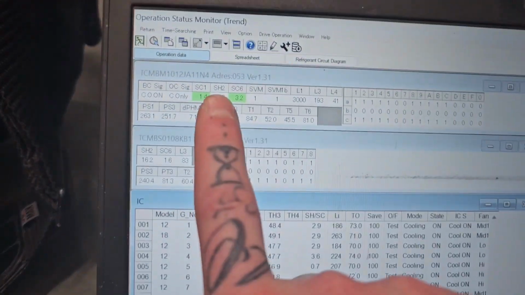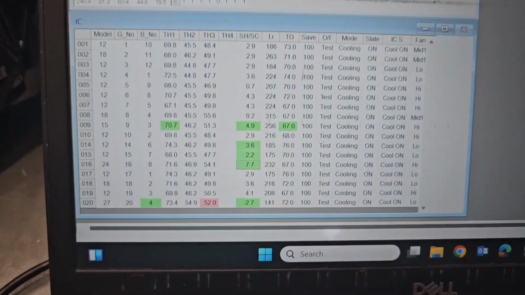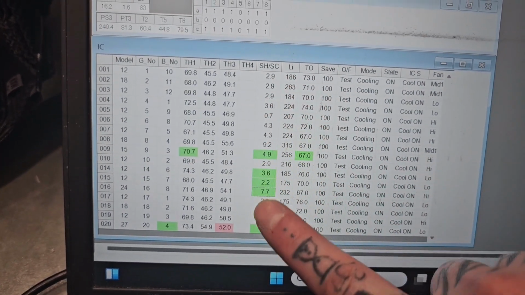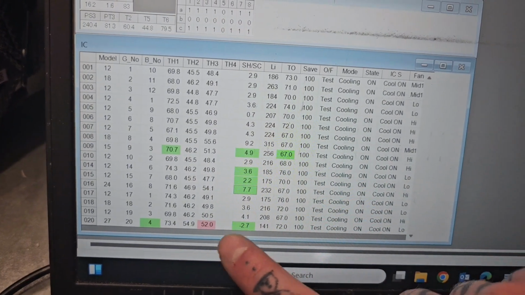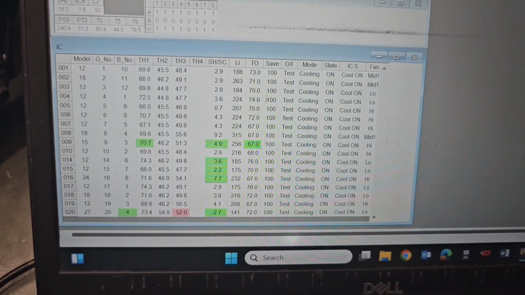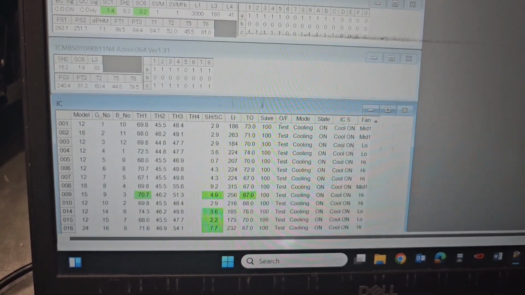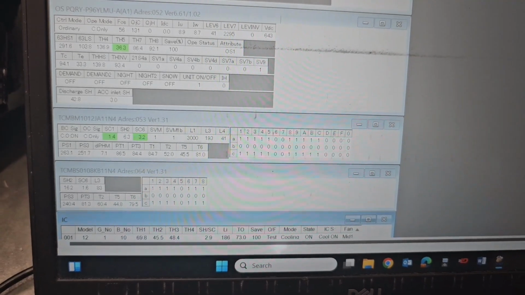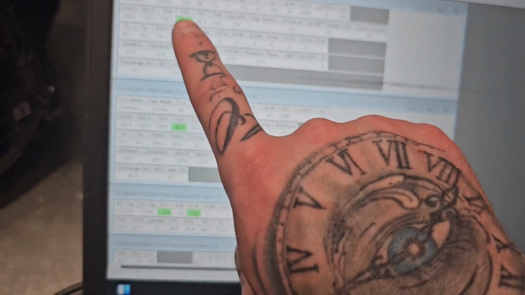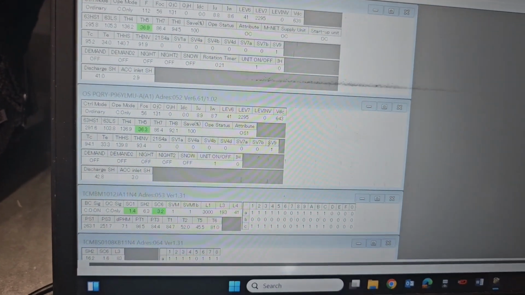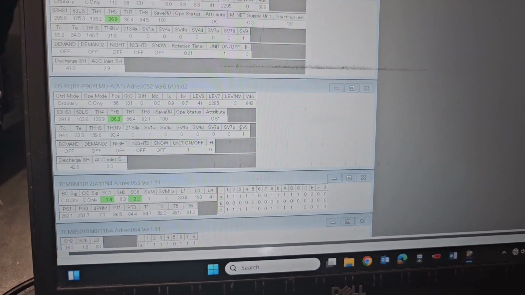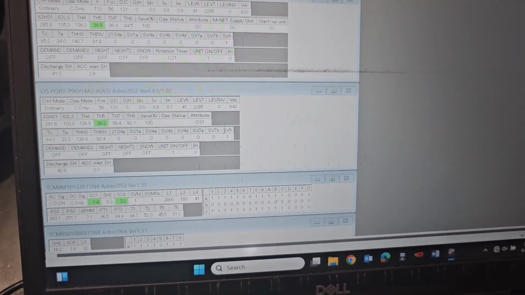So you can see we've got 6 degrees of superheat. All my superheats look good there. That's still closed. I think it might be just barely opened in this slide. Come back up. We got 36 degrees and 33. So 3 degrees or so of superheat at our outdoor unit.